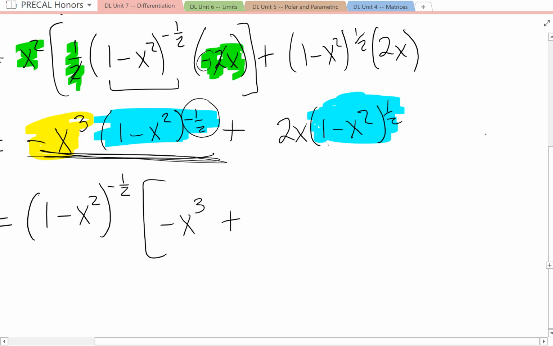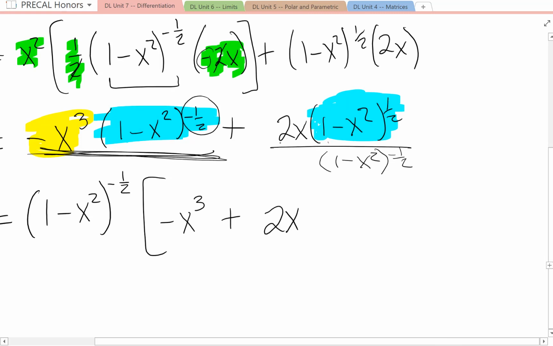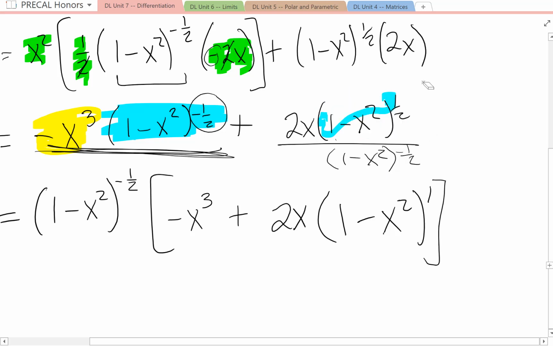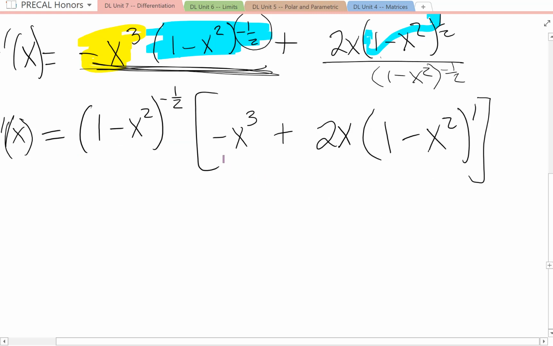So after all that, when you divide this term by 1 minus x squared to the negative 1/2, you end up getting, the 2x is still being multiplied by it, 1 minus x squared to the positive 1, because 1/2 minus a negative 1/2 gives me that quantity to the positive 1. And we're almost done. We still might have some like terms inside of here that we can and should simplify.